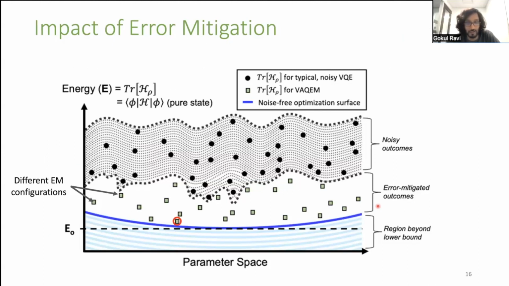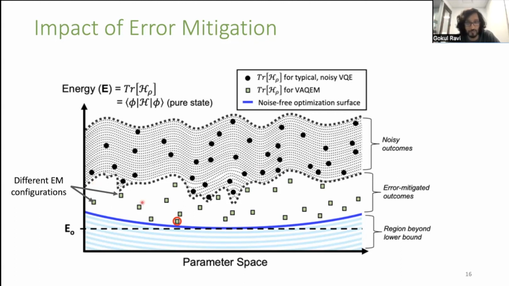Going back to the figure we had earlier, I mentioned that we get these noisy outcomes, which are very far from this dark blue line, which is what we want to achieve. There are many error mitigation techniques in which you can choose specific aspects of how they are applied.